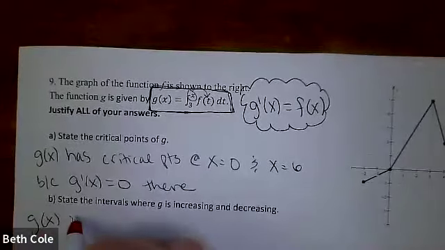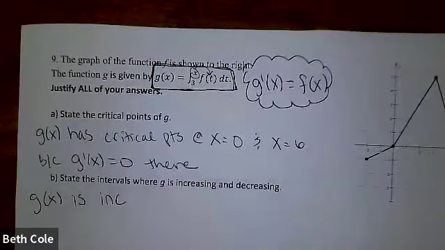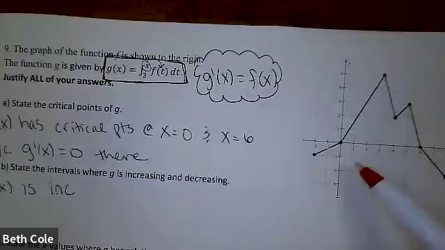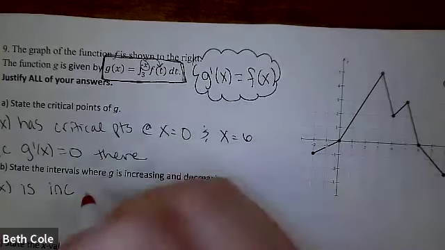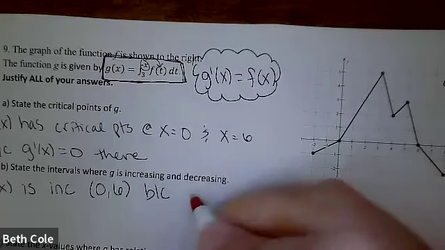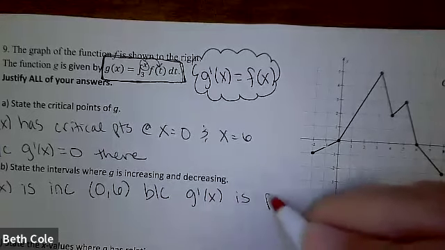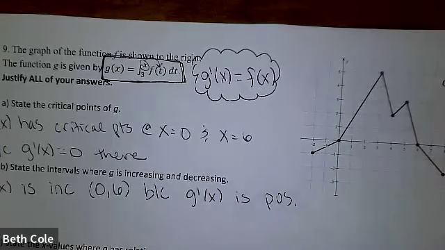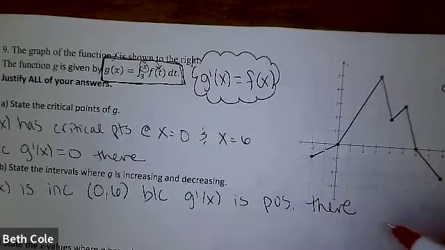G of x, which is not the graph you're looking at, is increasing on what interval? 0 to 6, all the way to 6. 0 to 6, because who is your source that you're citing? Yep, G prime is positive there. I would just say positive, but that's a personal preference. Neither of us is right, neither of us is wrong.